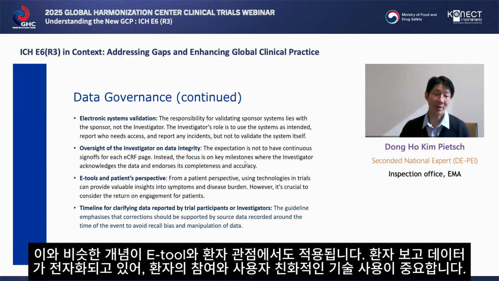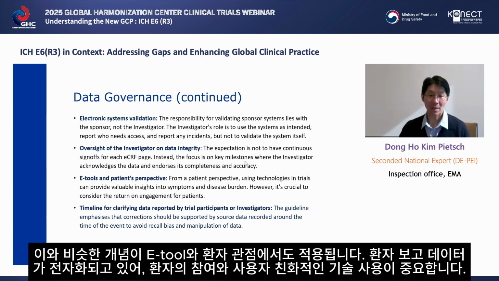Similar thoughts and concepts hold for e-tools and the patient's perspective. You're seeing more and more patient-reported data tools, computerized and electronic as well.